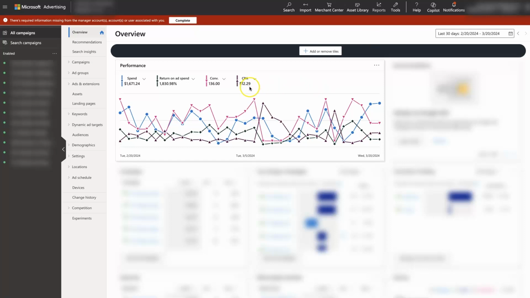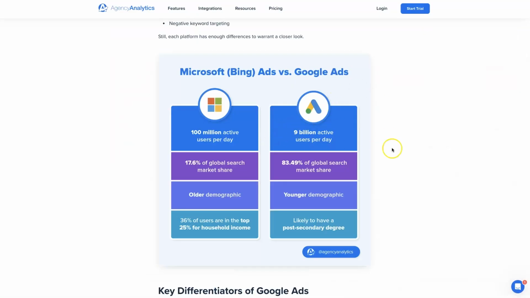So the cost per conversion in Microsoft Ads for this same company is only $12.29. And they've only gotten 136 conversions versus over 1,000. So that's, as we were talking about, the volume is with Google Ads.